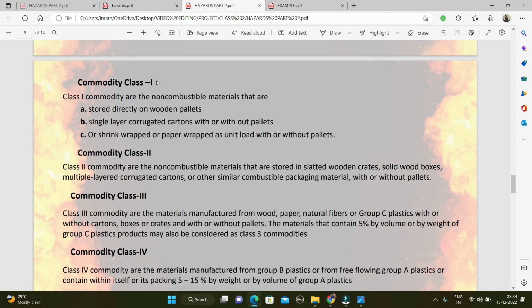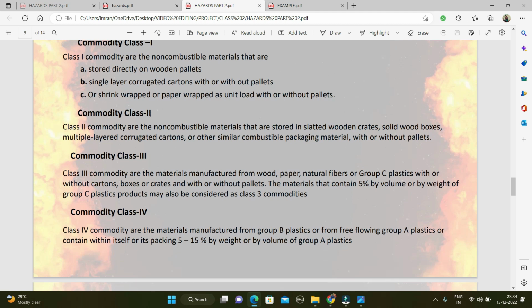And further we will select as per the commodity class the sprinkler and K factor and design area. We will see in detail in our upcoming videos everything like hydraulic calculation, selecting the pumps, and how we will consider the design area.